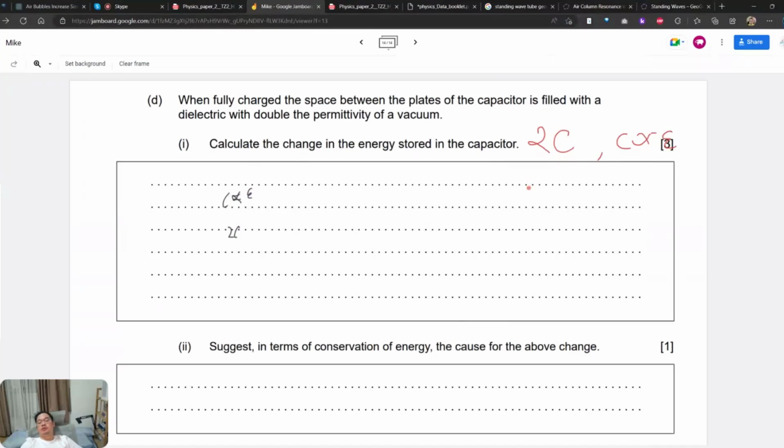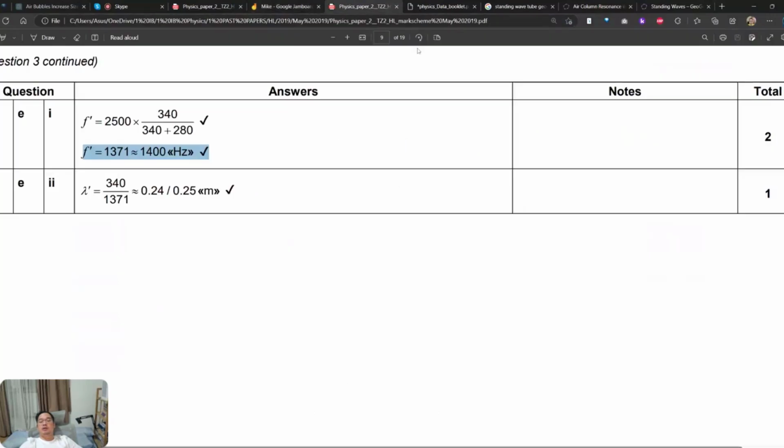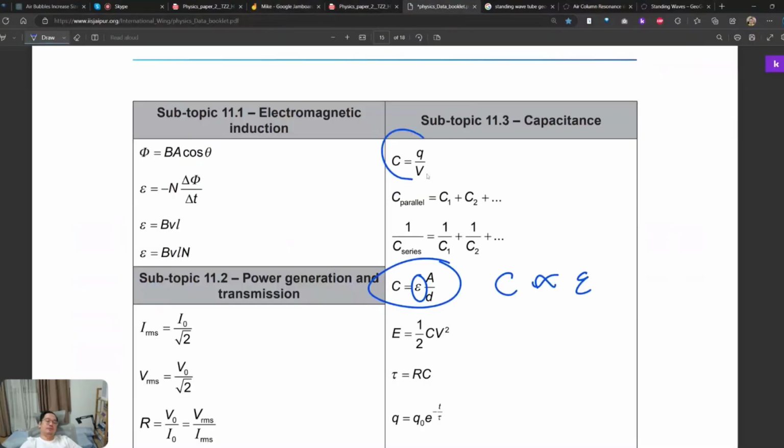But the voltage is not the same. The voltage is not 12 volt. The voltage will be changed. The only thing that is the same on the capacitor is the charge Q. The charge is determined by this formula.